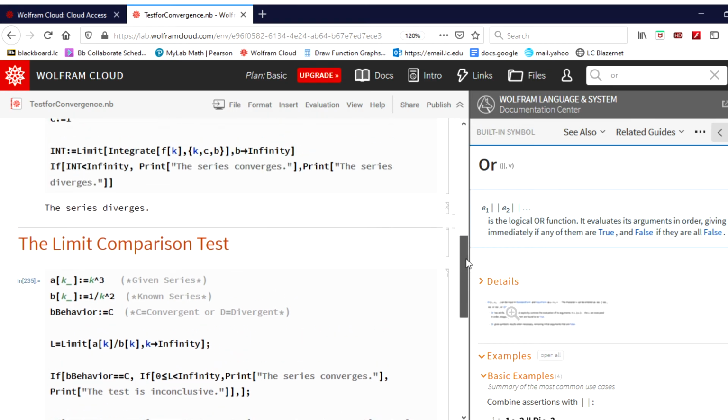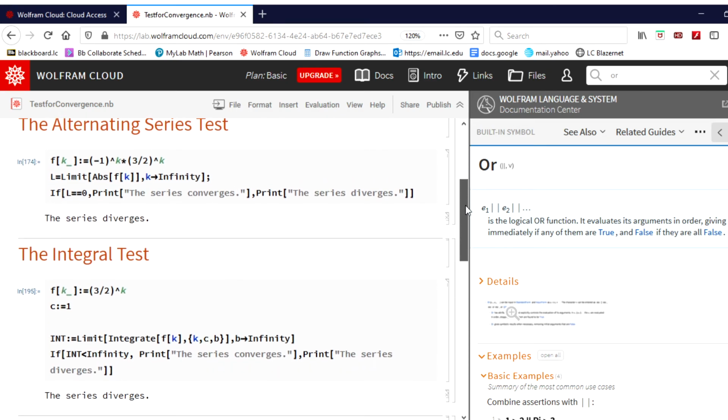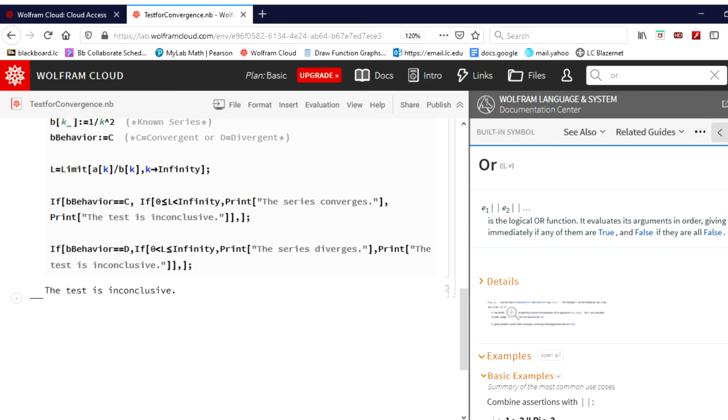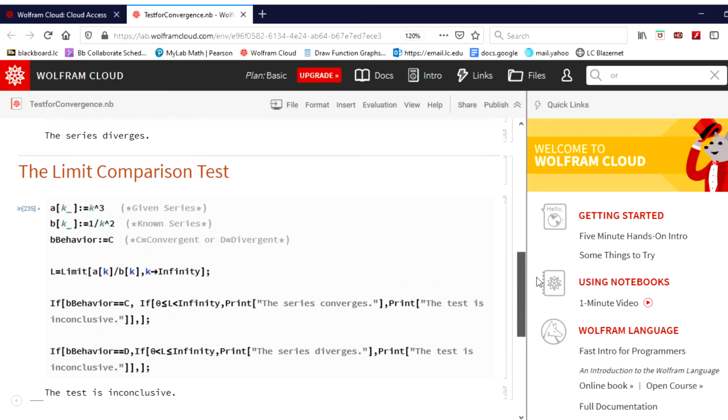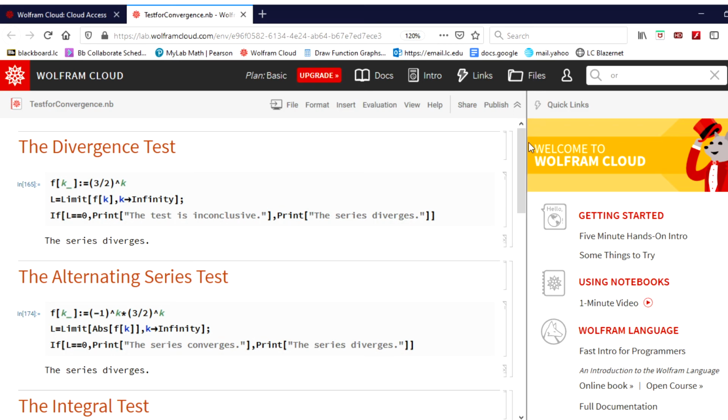Folks, these are 4 tests for convergence that we were introduced to in sections 10.4, 10.5, and 10.6. In those 3 sections, we were introduced to these 4 tests.